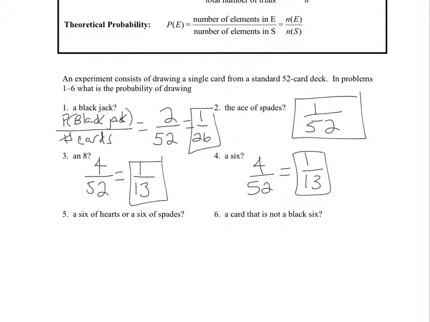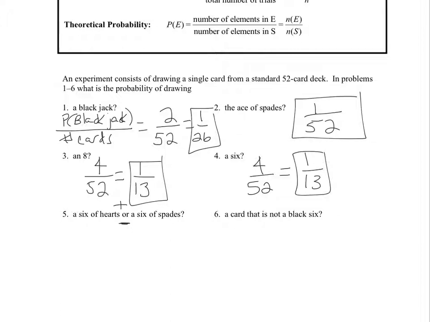Now, if we look at number 5, we have something a little bit new here. And what it's asking for is a probability of getting a 6 of hearts or a 6 of spades. Now, anytime you see "or," an "or" statement with probability, it's asking you to add these 2 probabilities together.